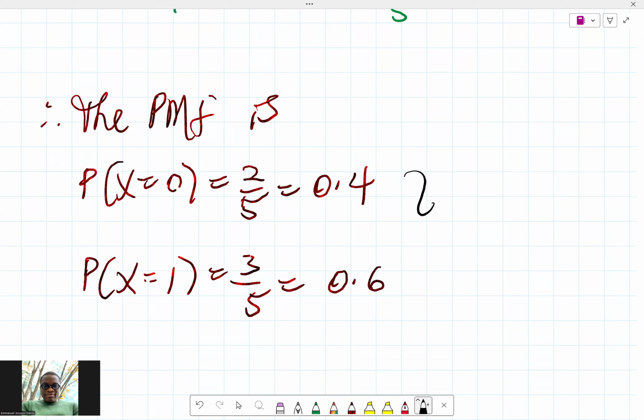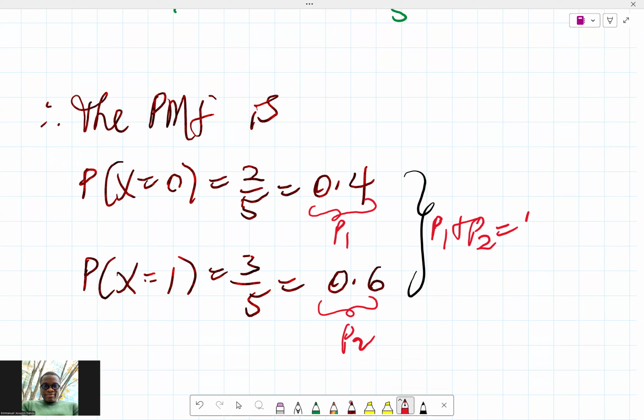If you look at the two, you see that P0 plus P1 would always give us 1. And that's good.